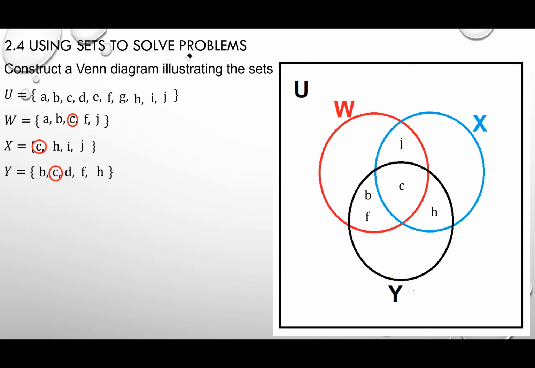And lastly, we fill in the leftover of W, X, and Y. And then we fill in whatever is left over from the universal set that we did not use. So this is your typical Venn diagram of a 3-set, or the Venn diagram for a 3-set for our class.